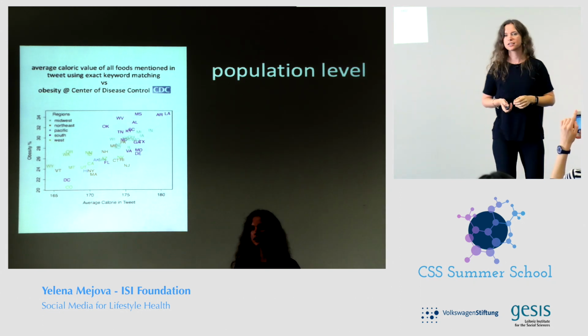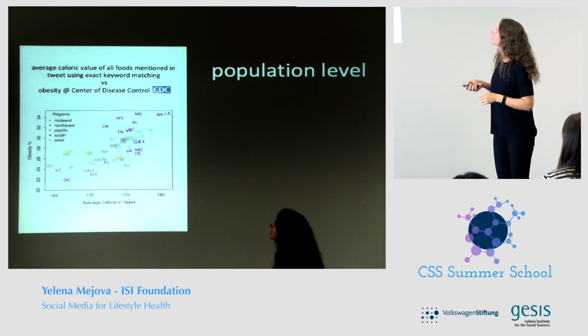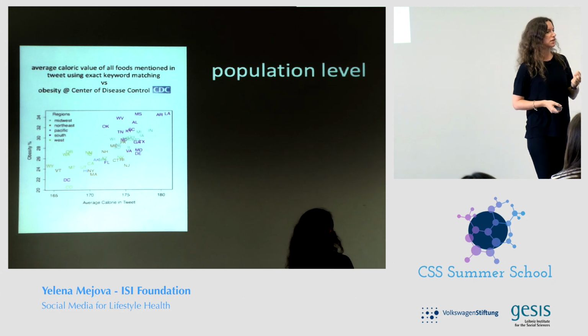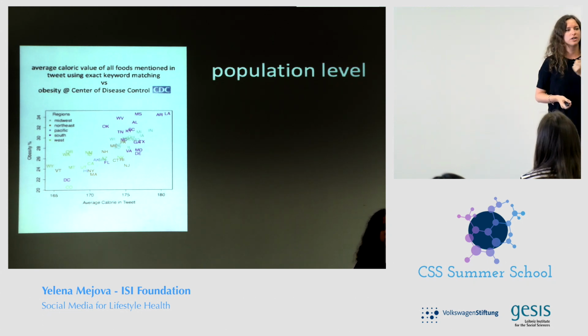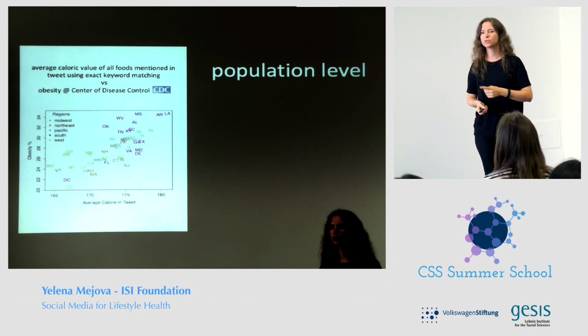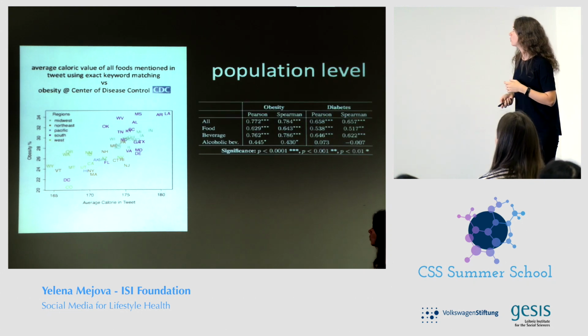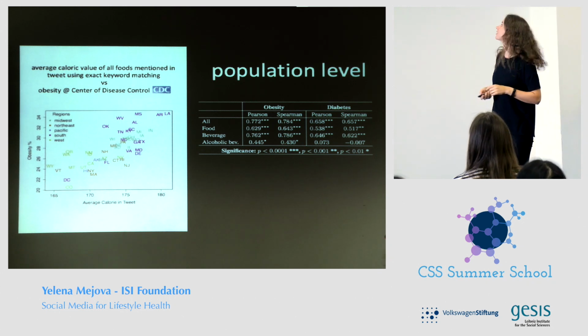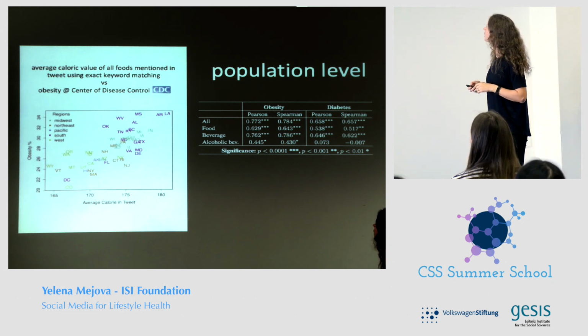And it is quite interesting that this works so well because this is an extremely simple model, right? The idea is that we were interested in this one abstraction of what people do, which is caloric value, and it actually works very well. We have some nice correlations here with diabetes as well.